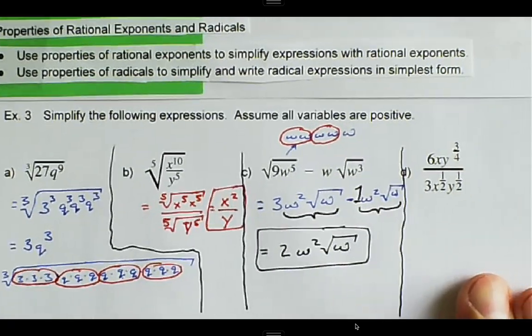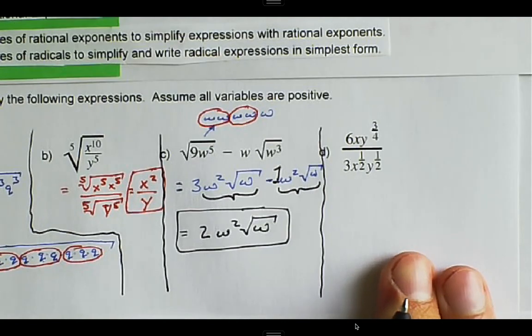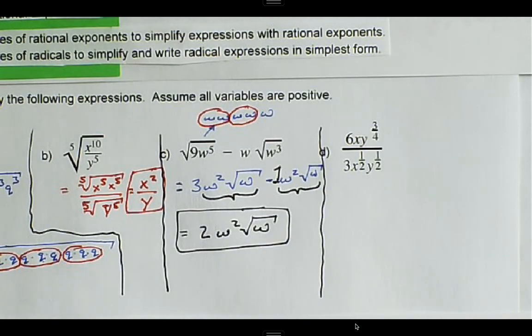And we have another example where we have 6xy to the 3/4, and then we have 3 times x to the 1/2, y to the 1/2.